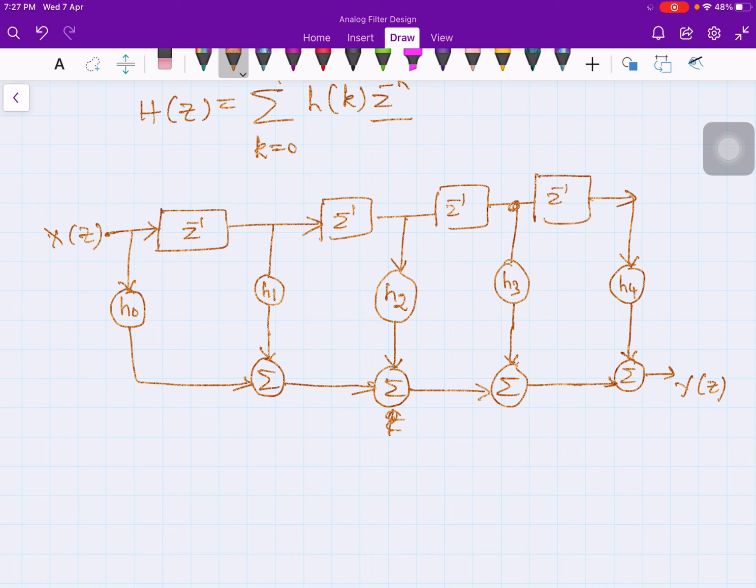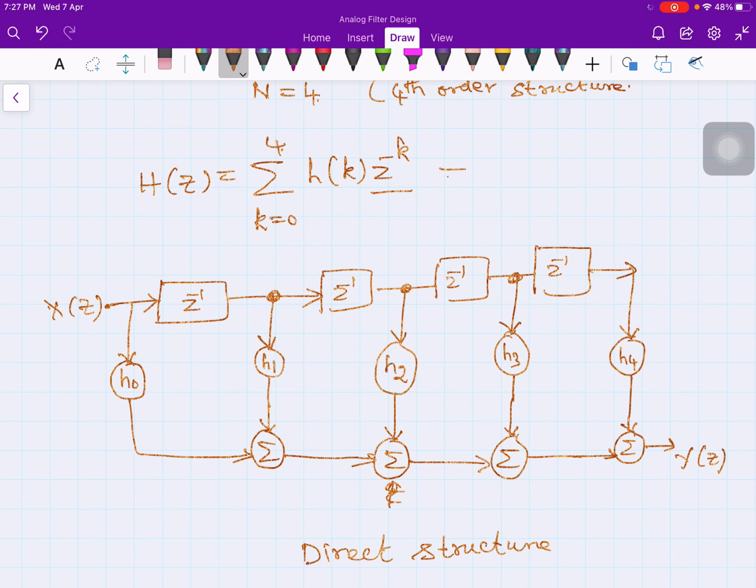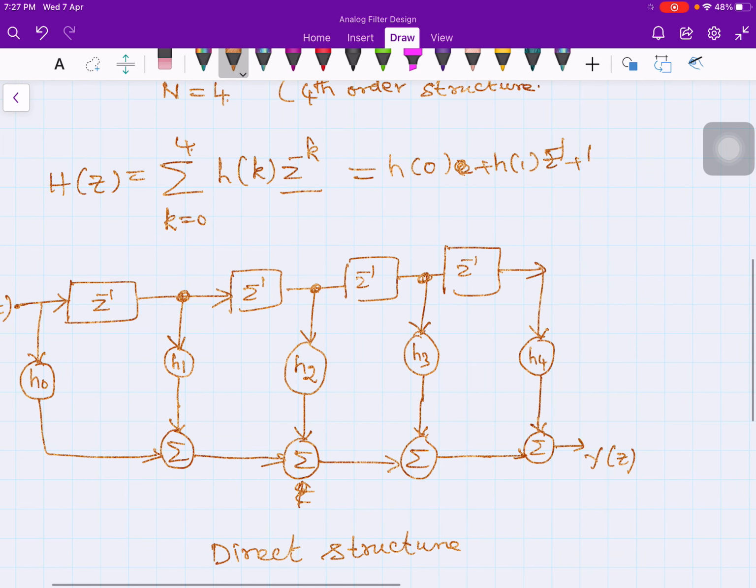And this is the pickup point. So don't forget to put the arrow mark. This structure is called the direct structure, because the multipliers are obtained directly from the transfer function. The transfer function is h(0) plus z to the minus 0, that is 1, plus h(1) z to the minus 1, plus h(2) z to the minus 2, plus h(3) z to the minus 3, plus h(4) z to the minus 4.